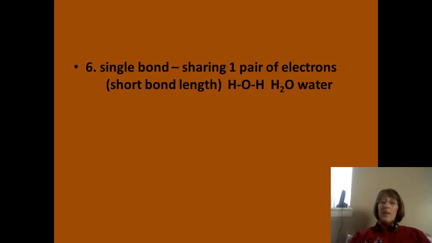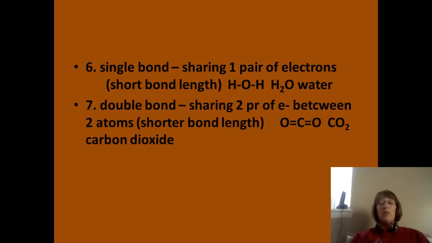All right. We can have a single bond where just one pair of electrons is shared, like in water, H2O. And they usually symbolize it with a little structural line there. So one line equals a pair of electrons, and we typically have the longest bond length. Then we can have a double bond, and a double bond means you share 2 pairs of electrons between atoms.